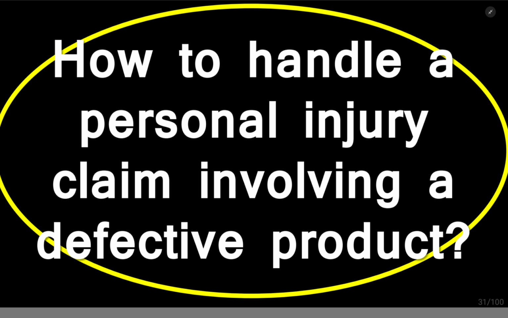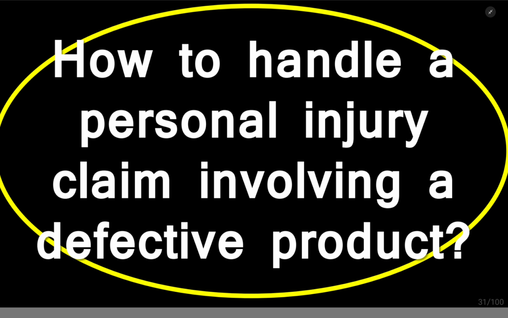There are three main types of product defects that can lead to injury. First, design defects: flaws in the design of the product that make it inherently dangerous. Manufacturing defects: problems that occur during the manufacturing process, making the product unsafe.